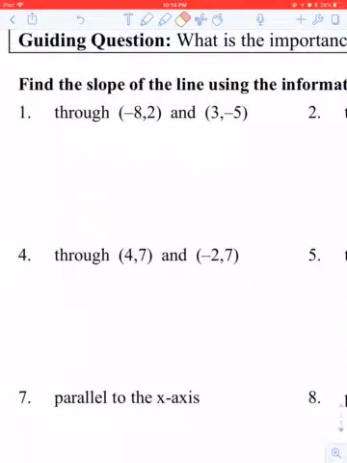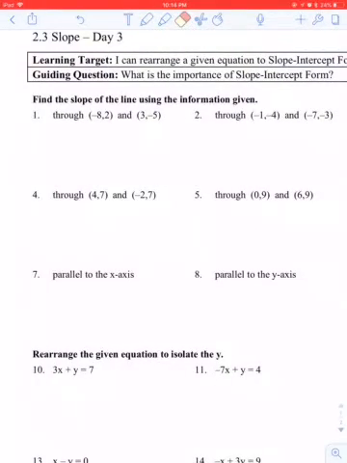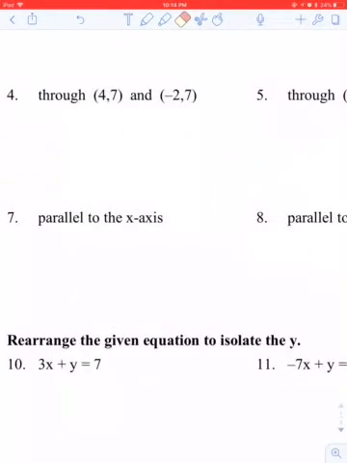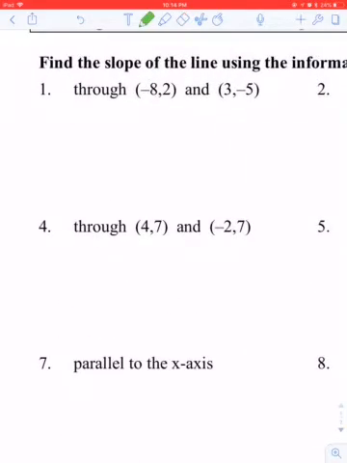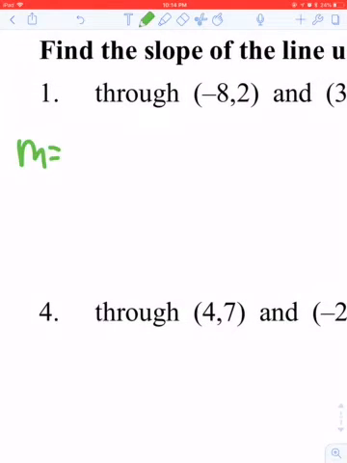First you need to find the slope, and then using that, that will help you find parallel and perpendicular, 7, 8, 9. So just a refresher, number 1, remember that your slope formula, slope m is equal to y2 minus y1 divided by x2 minus x1.